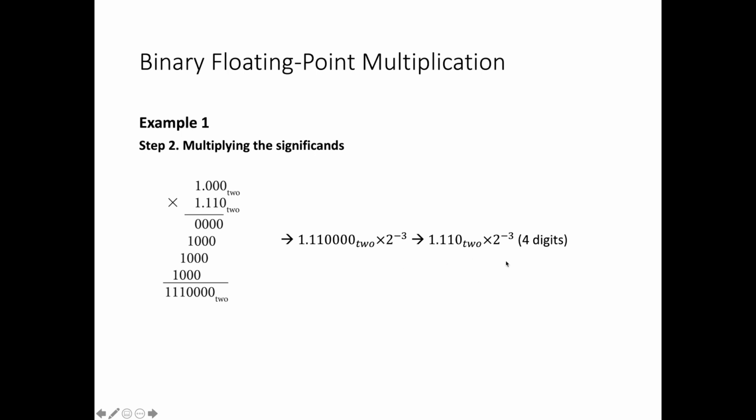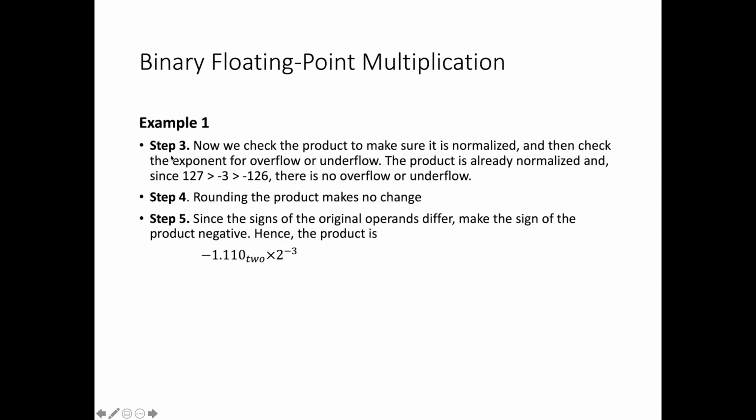Then we get the result, which is 1.110 times 2 to the power of -3. Since it requires 4 bits and 3 bits right of this point, that is the result after step 2.